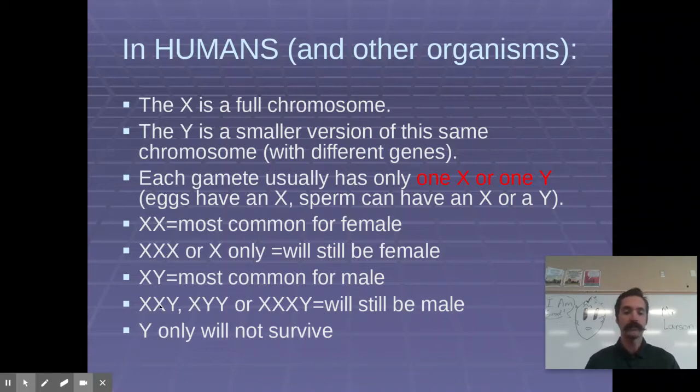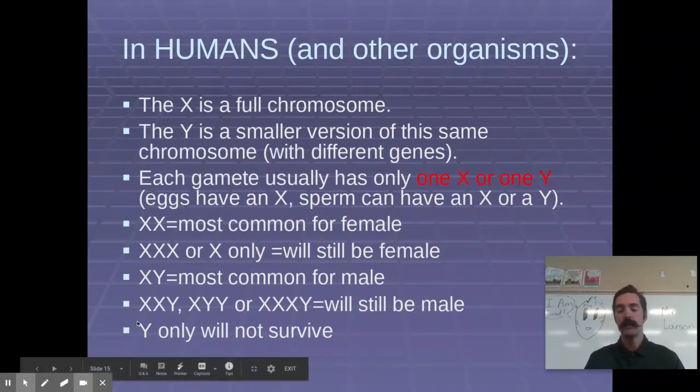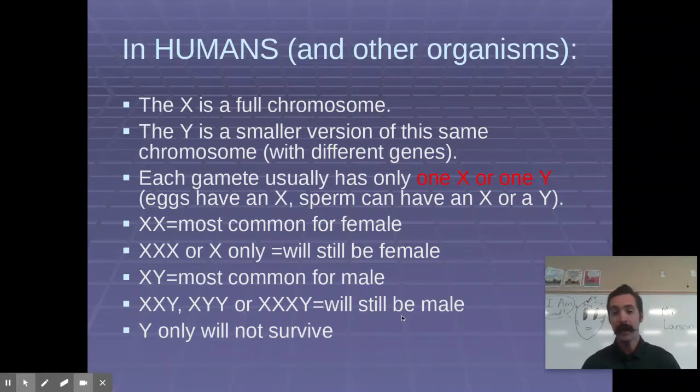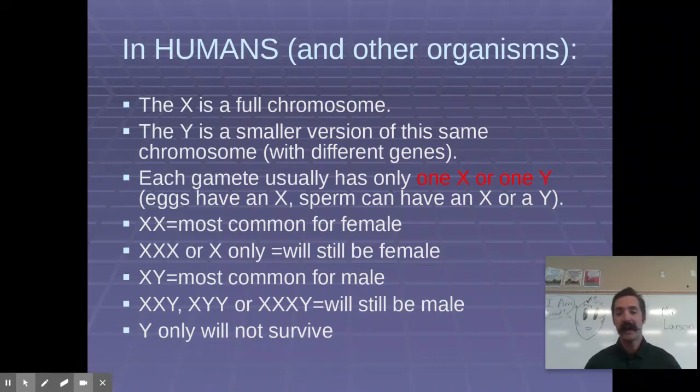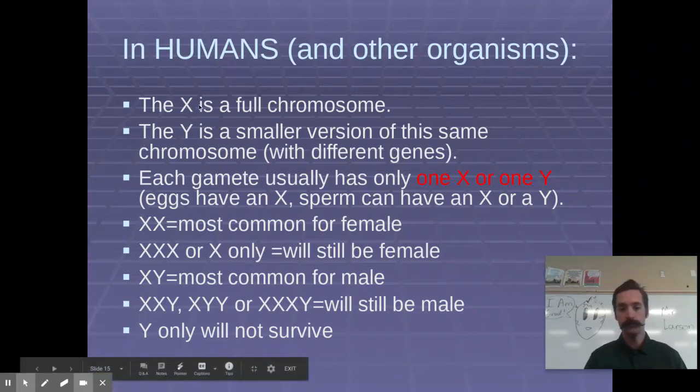But there are also possibilities to have XXY, XYY, and all these situations that happen with the sex chromosomes. But these will all cause some form of genetic disorder that go along with it. If you only have a Y chromosome, that child will unfortunately not survive, just because it doesn't have the full genetic material that is provided from the X chromosome.